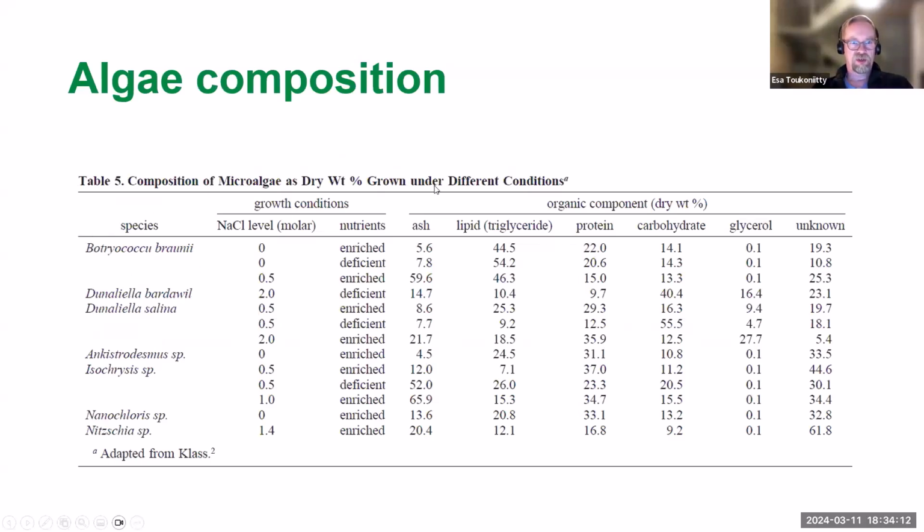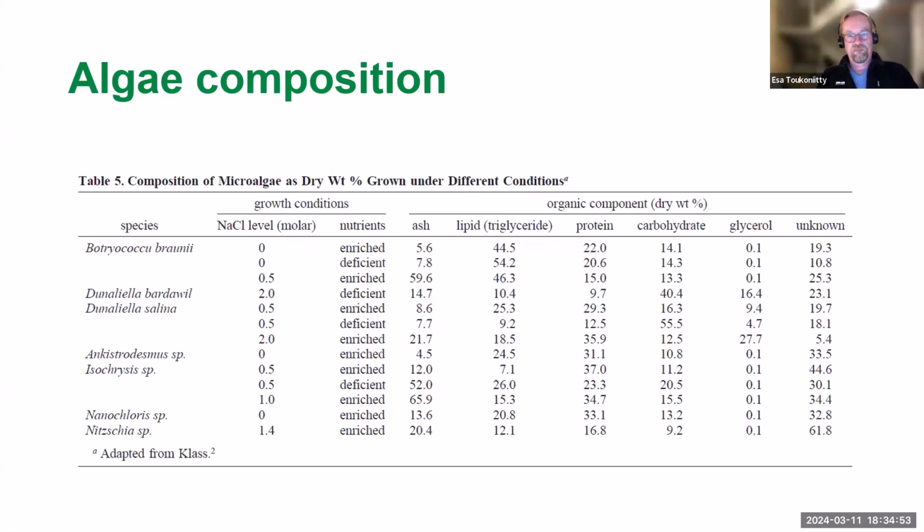This is a composition of certain microalgae, different species, and here you can see the triglyceride content: protein, carbohydrate, glycerol, and also some unknown components. If you just compare this simple triglyceride composition, here are fairly high levels of triglycerides, over 50% or close to 50%.